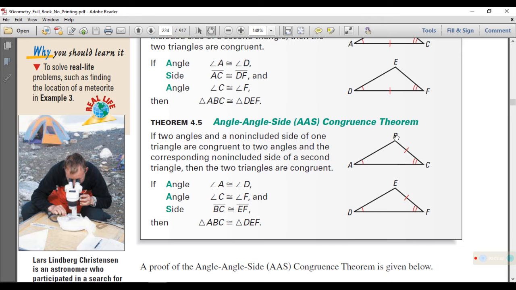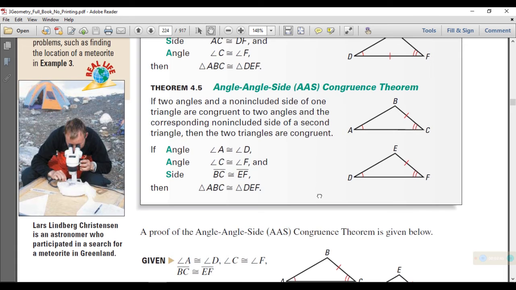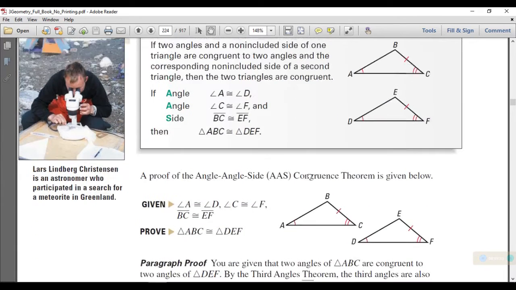So, if this made use of BC, this will make use of EF. If it used the non-included side from angle A, we can use AB and DE. Okay? So, just take note of the idea of correspondence.